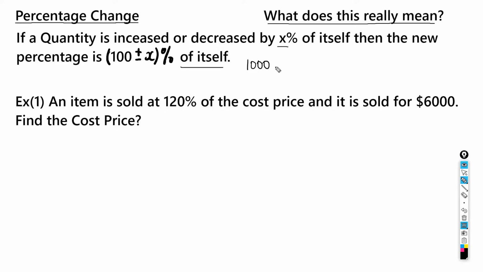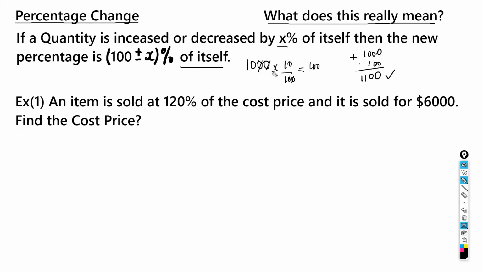So 1,000 times 10% gives you $100, and then you add that to the 1,000. So 1,000 plus 100, you get 1,100. That's what you should get as the answer.